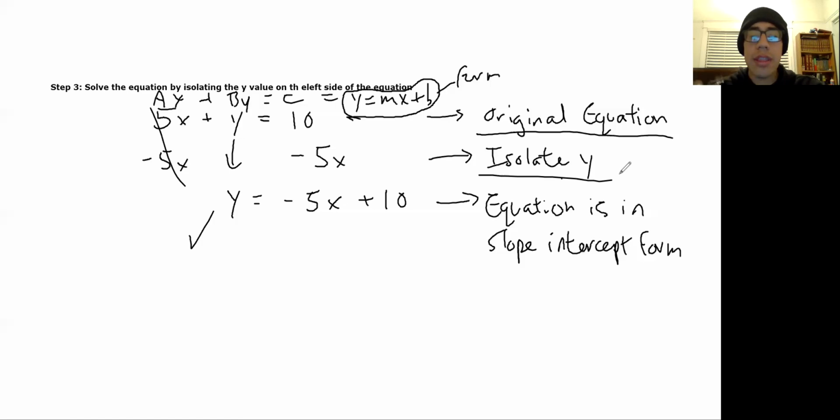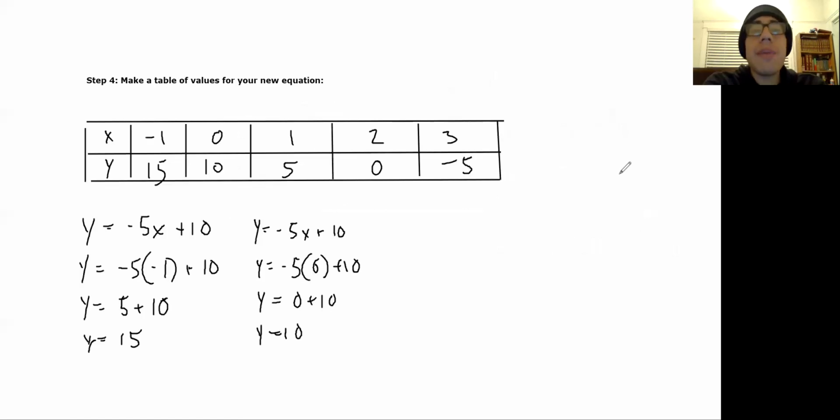We're going to get started on the next step, step 4, which is we're going to make a table of values for our new equation, right? When we're making a table of values, I think last week or 2 weeks ago, I had you plug in domain values in here.